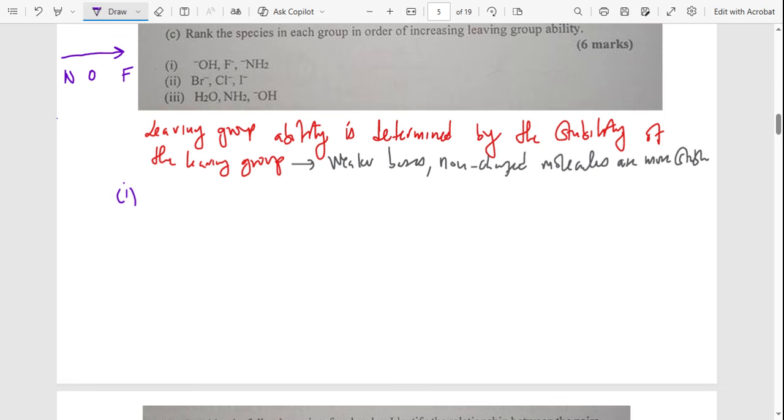That should be the question. The strongest acid is going to be HF, this one with fluorine. The reason is that when hydrogen is attached, this is going to be the strongest in comparison to oxygen and the others. So that's the strongest acid, HF.